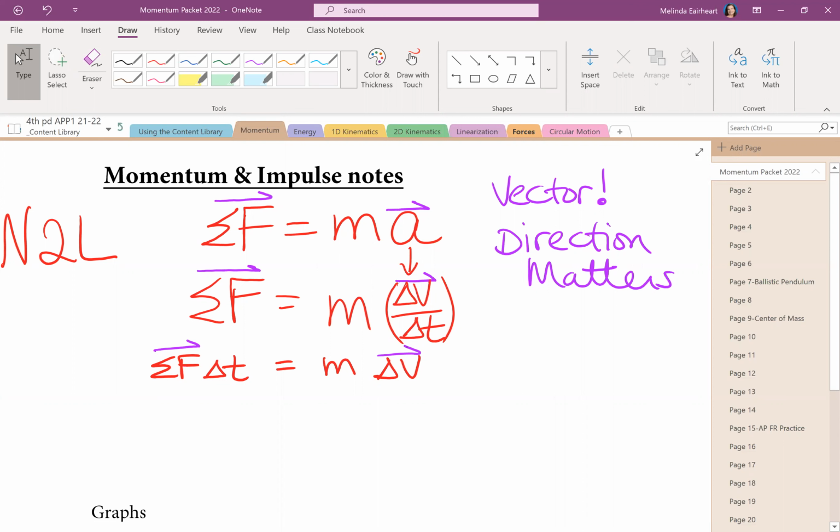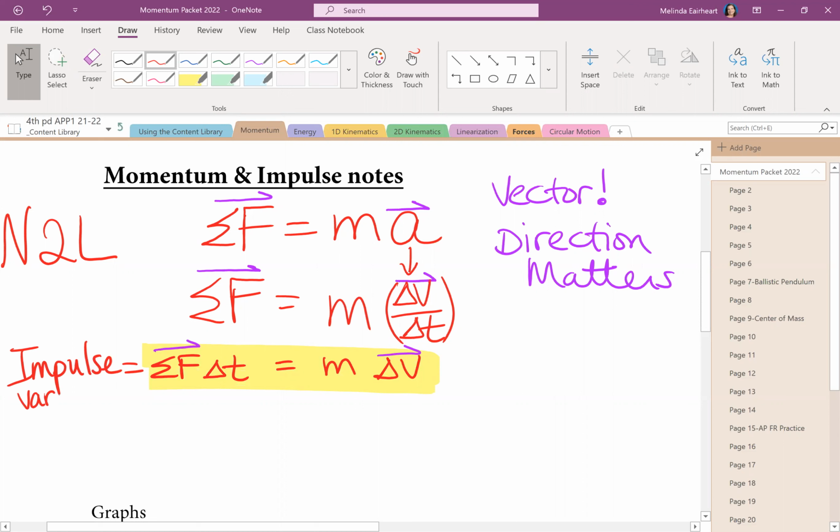Okay. So this is the equation that I'm going to highlight because this is impulse and change in momentum. Now, it may not look like it, so I'm going to keep it going. This is equal to impulse. Now, impulse does have a variable.